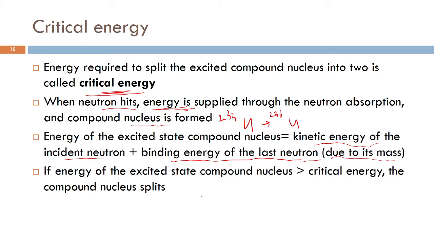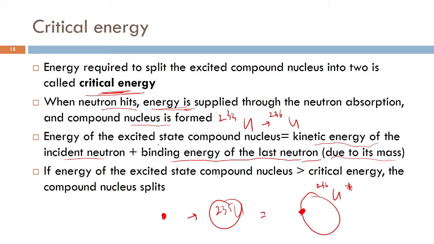So the neutron, this is uranium 235. This neutron carries kinetic energy as well as mass. So when it's combined, let's say this is the neutron, now you get uranium 236 at excited state.